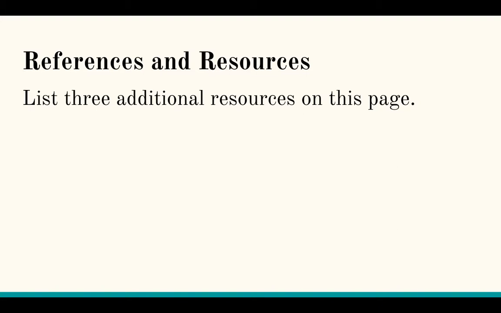They can be from social media posts, websites, or scholarly articles. Anything that you can find that is scholarly and reputable. We want to trust the sources that we're researching, and then post those here so that I know that you did some extra digging and found some extra resources.